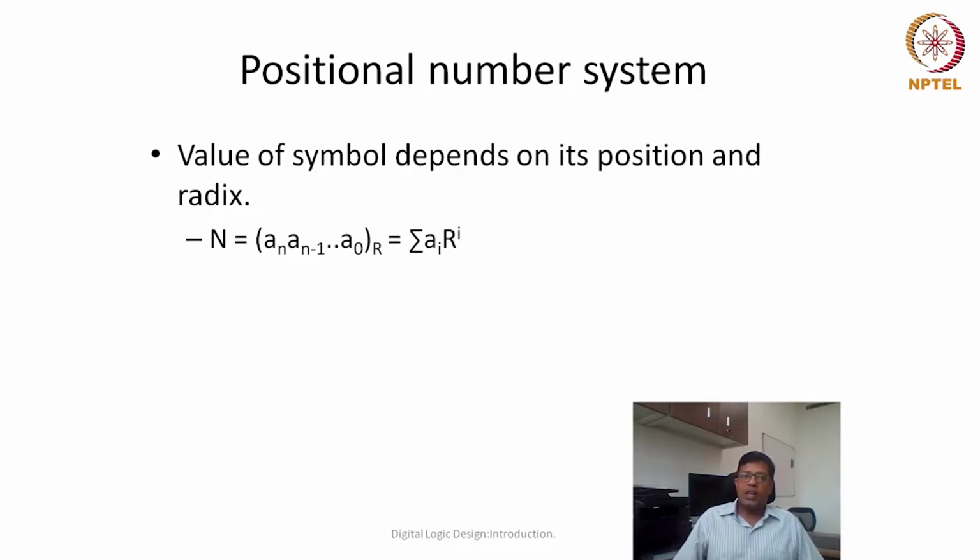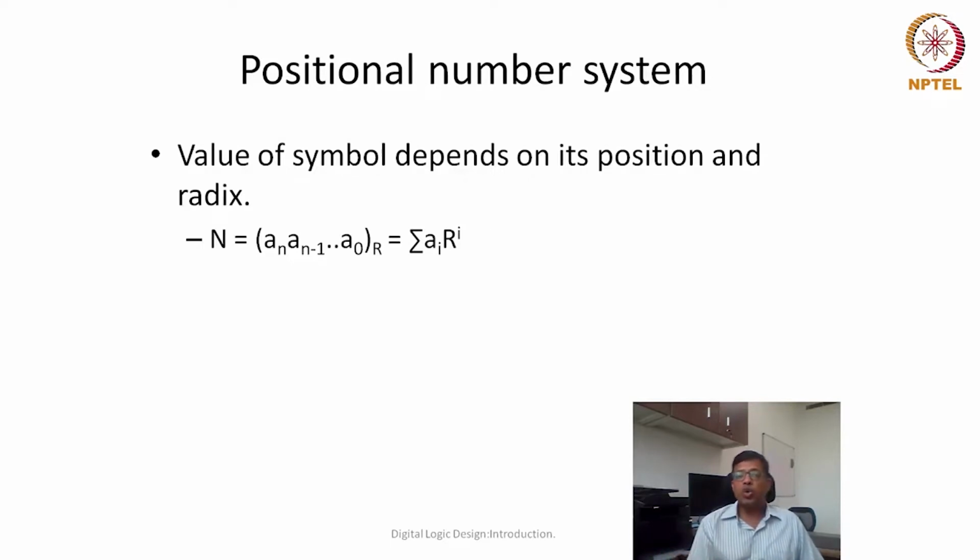Now let's try to see theoretically, if value depends on the symbol, how we can define it by a particular equation. In this equation, let's say there are n symbols. The symbols are fixed. We can also generically define it as an R radix system.